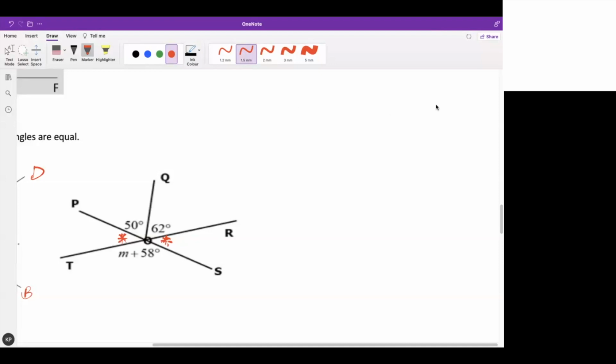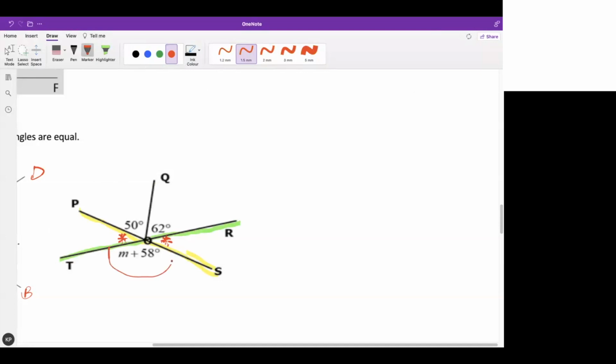Yes, ma'am. So I know it is very hard to see, but here are straight lines. Look at P and S, it's a straight line. Do you see that? Yes, ma'am. Look at TR, straight line. Do you see that? Yes, ma'am.